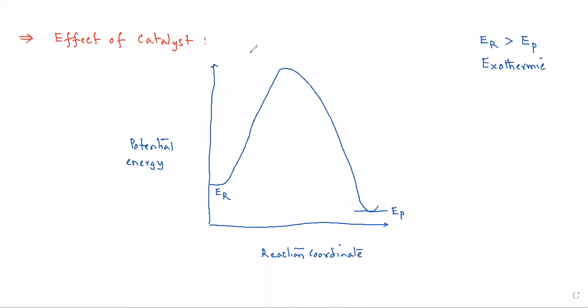Now, this is called energy barrier. See, we get all this information in collision theory, of course, but to explain the effect of catalyst, we need to discuss all this.